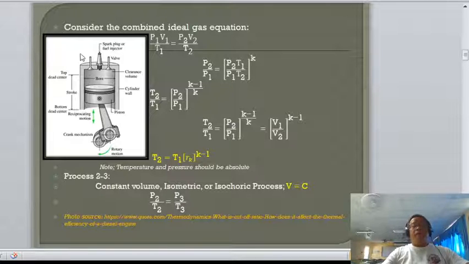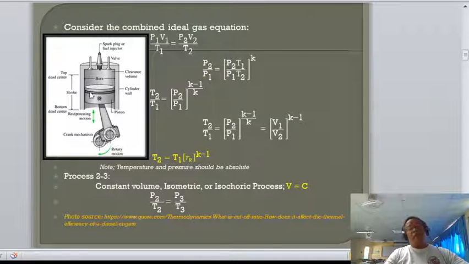Another form, with temperature in terms of compression ratio: T sub 2 over T sub 1 is equal to V sub 1 over V sub 2 raised to K minus 1, or simply T sub 2 is equal to T sub 1 multiplied by the compression ratio raised to K minus 1.